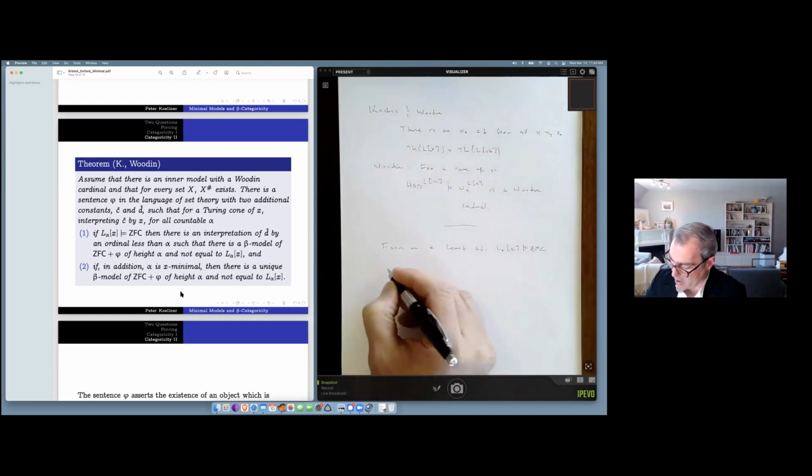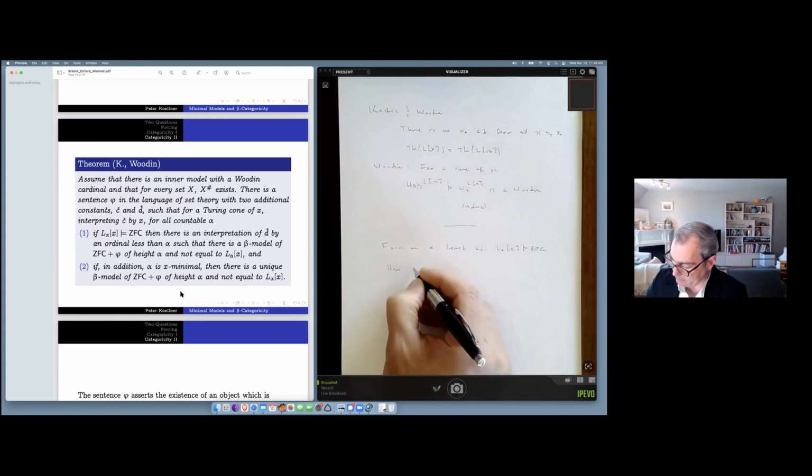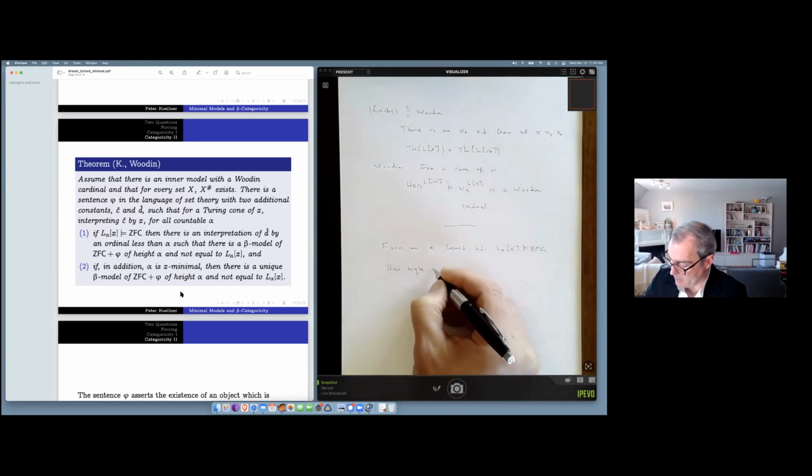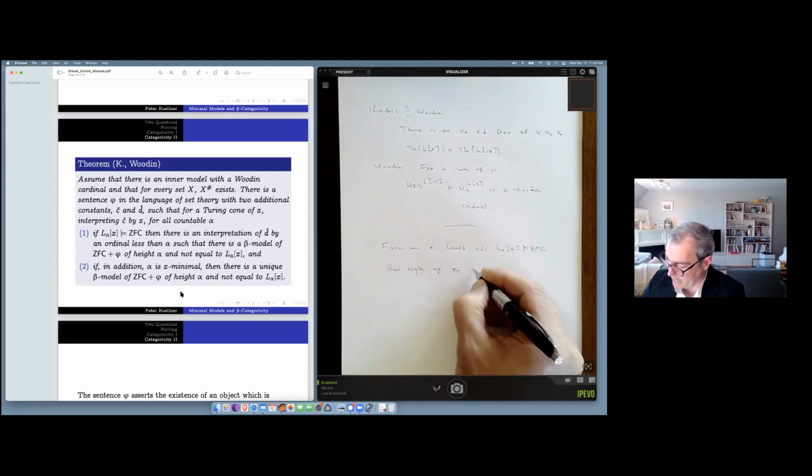Okay, and how high is x up the Turing reduction order?